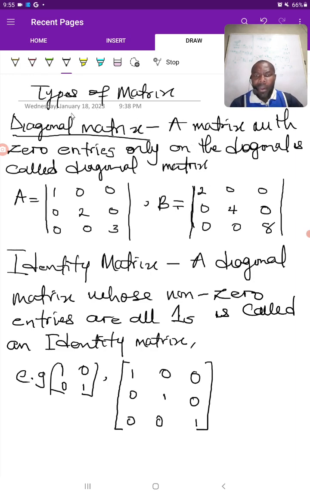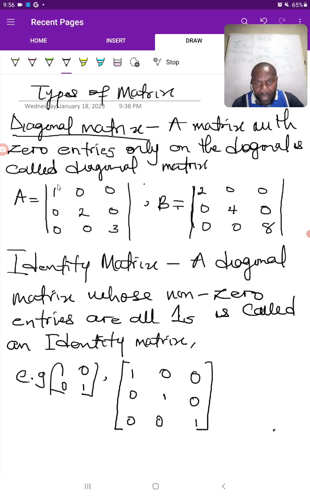Today we are talking about the types of matrices. We have a diagonal matrix. A matrix with 0 entries only off the diagonal is called a diagonal matrix. You can see that this is 1 0 0, 0 2 0, 0 0 3.